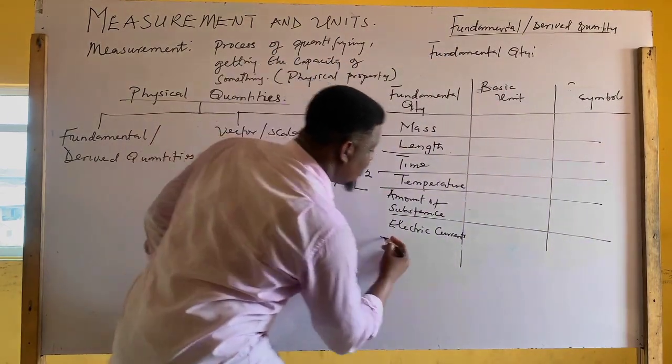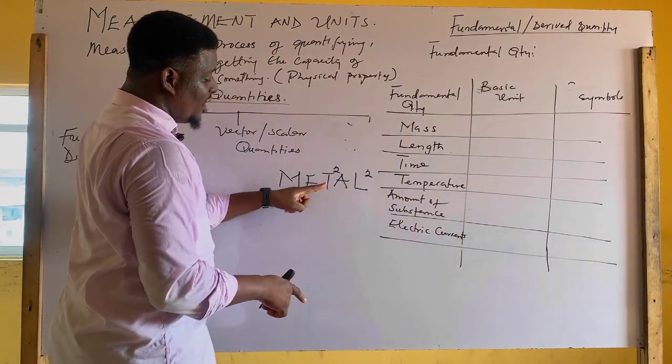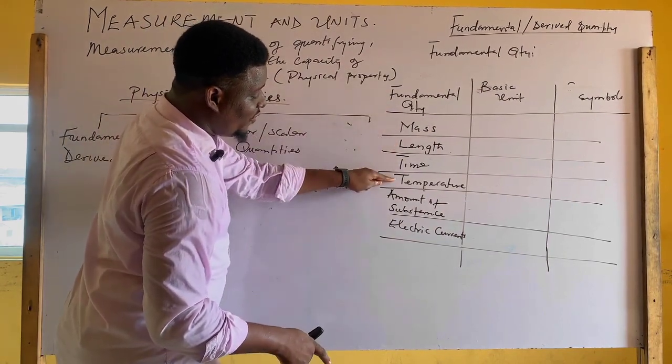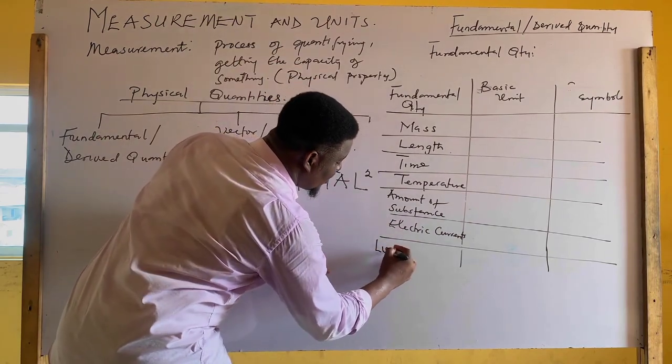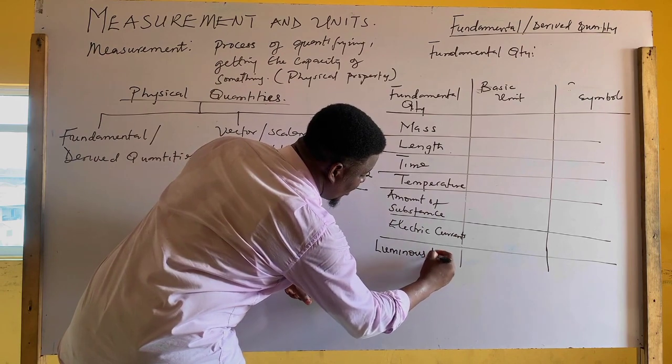From what we have here, we have 1, 2, 3, 4, 5, 6. The last one will now be luminous intensity.